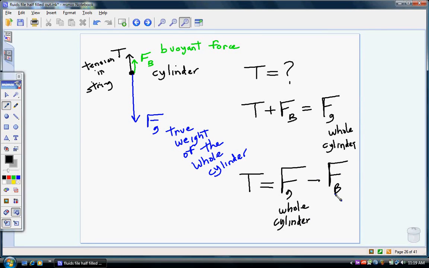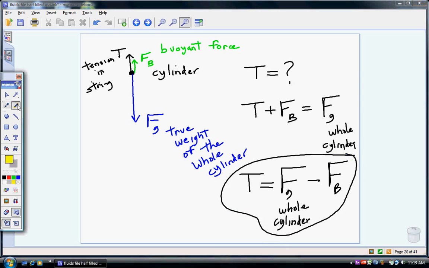So we're going to come back to this and solve for T. But now what we have to do is work out the individual pieces. We have to figure out, well, what is this weight of the whole cylinder, and what is this buoyant force?